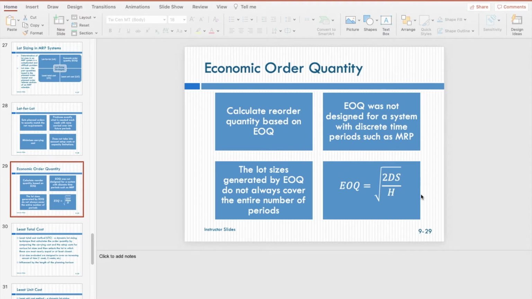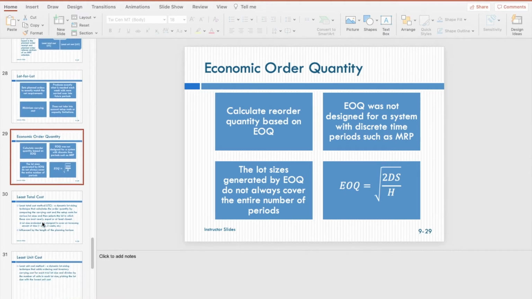That's why we still use EOQ as one candidate when we deal with lot sizing techniques in the MRP system. I try to make it very clear: EOQ may not give us the optimal order quantity, but it will give us at least a very good candidate among those four different lot sizing techniques.